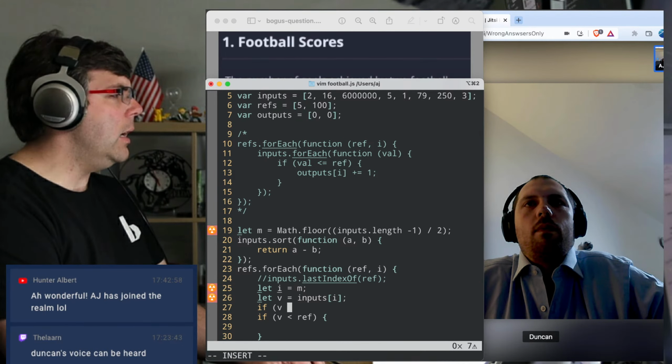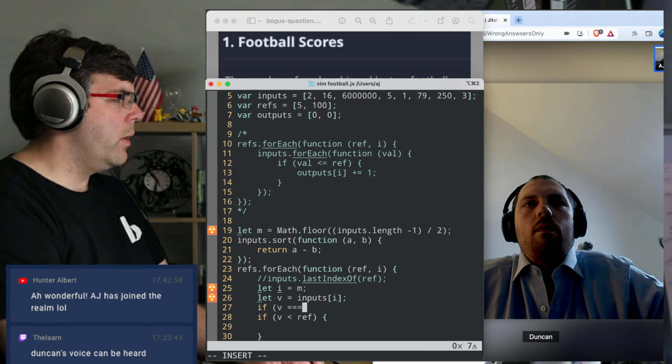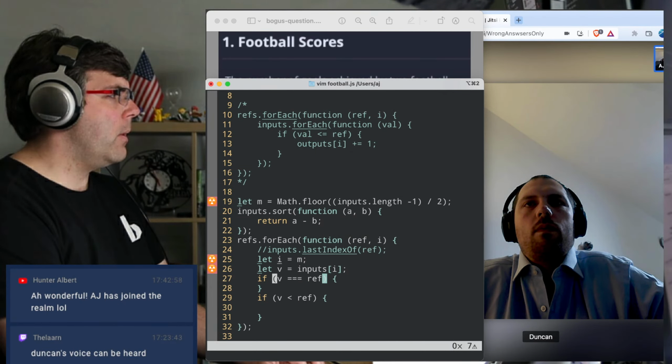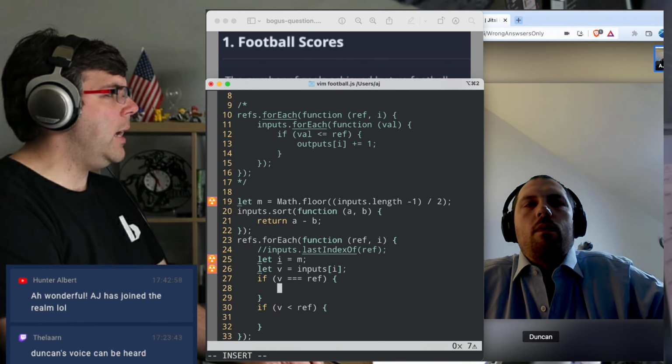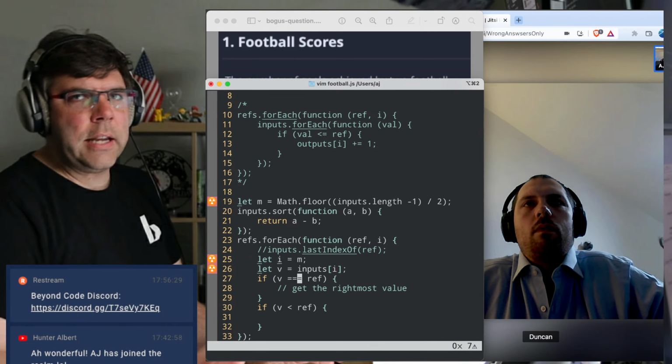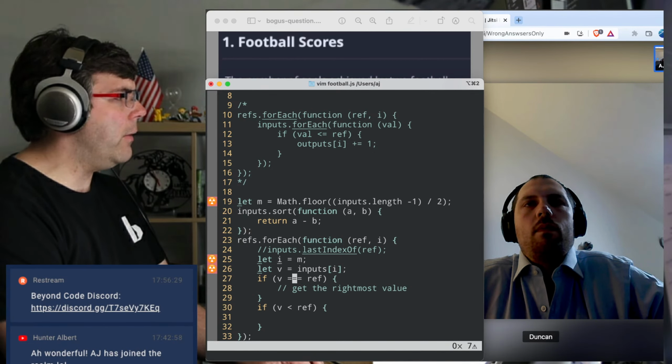If V is equal to the reference, then I would say get the rightmost value is what I would want out of this. So if V is equal to reference, this is our end case. This is our success case. So let's handle that first.